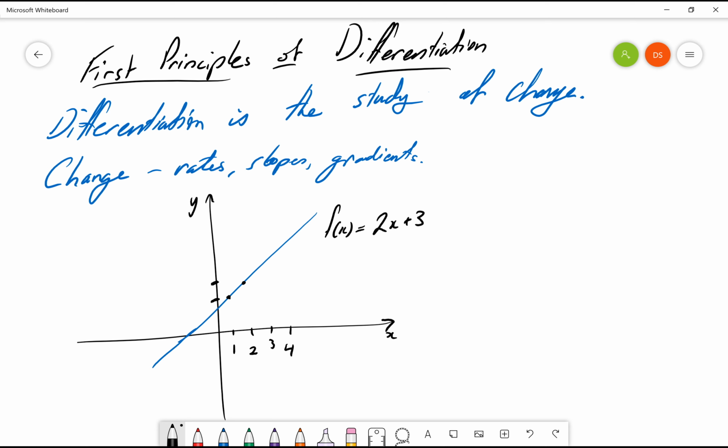What is the vertical change? And then tell me, how would you find the gradient? So what I could do is plug in x equals 1 and find what f of 1 is.